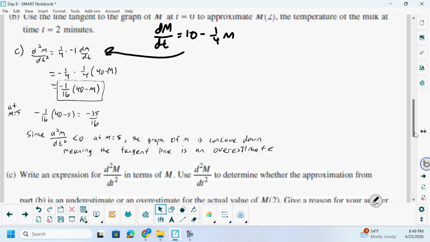We want to know whether our estimate from the previous part is an over or under estimate. So our goal is to figure out concavity. So sub in the 5 because that was your m at the point of tangency. We get a negative back. So because the second derivative is less than 0 at m equals 5, our graph is concave down, meaning the tangent line is an overestimate.